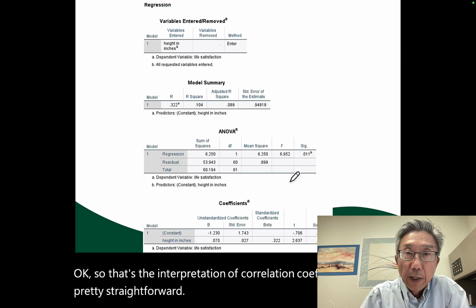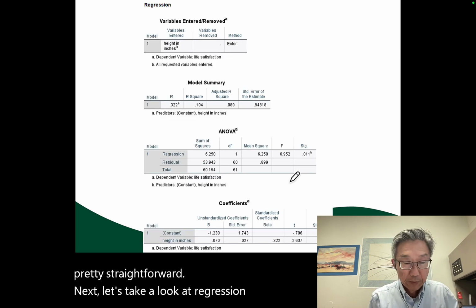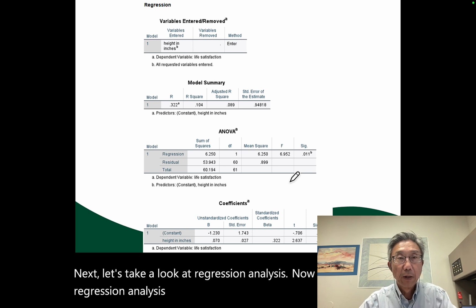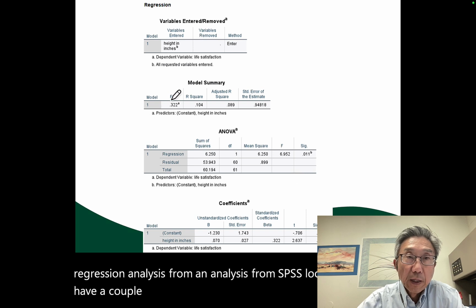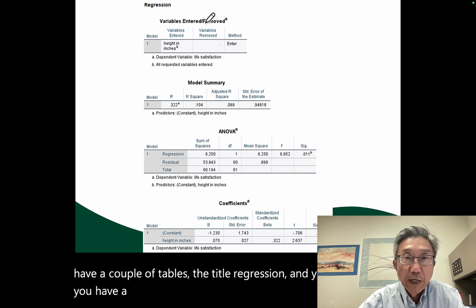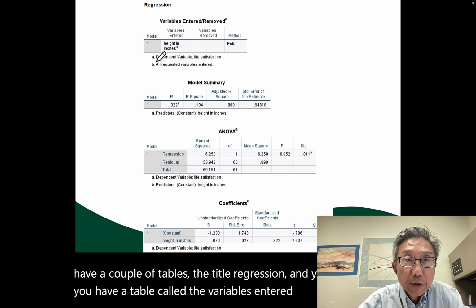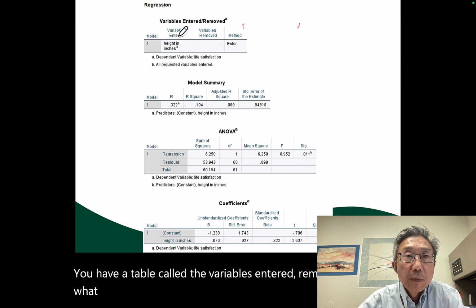Next, let's take a look at regression analysis. Now, this is what the regression analysis from SPSS looks like. You have a couple of tables. The title is Regression, and you have a table called Variables Entered/Removed. It tells you what the independent variable entered is.